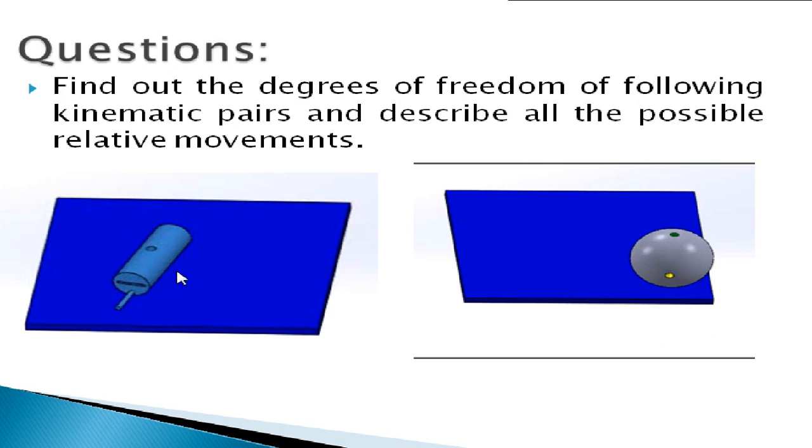Let me try to animate the cylindrical pair. You can see here that while the cylinder is moving, it's always in touch with the plane. Let me try to animate this. You can see the cylinder turning about axis 1, which is perpendicular to the blue link.